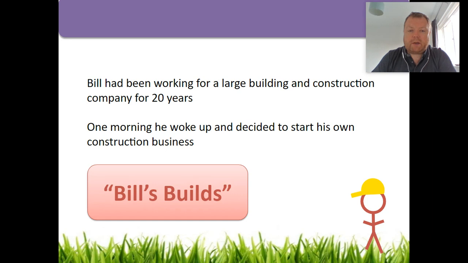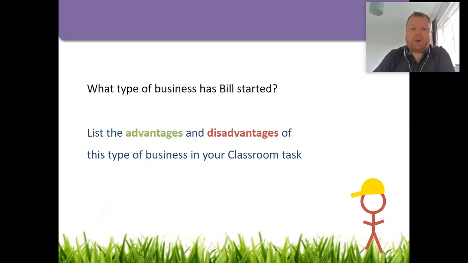So Bill is an example of a sole trader because he is on his own. He is the only owner of the business. Now, he could employ people, but that still makes him a sole trader because he owns the business on his own.